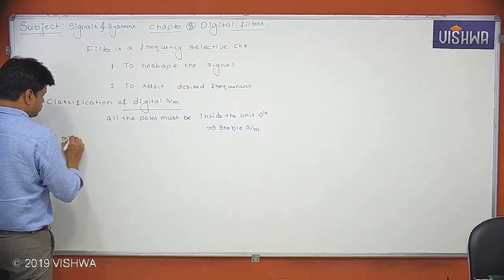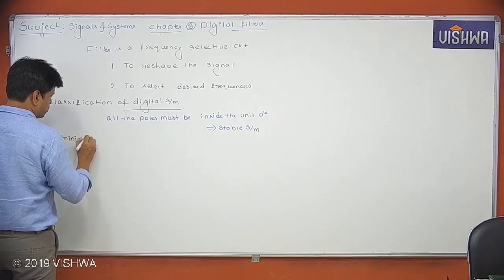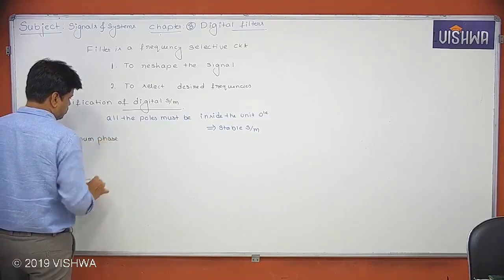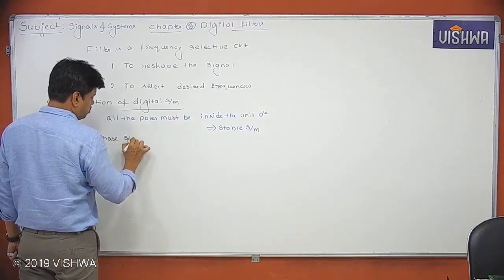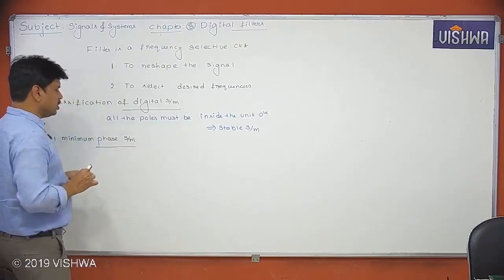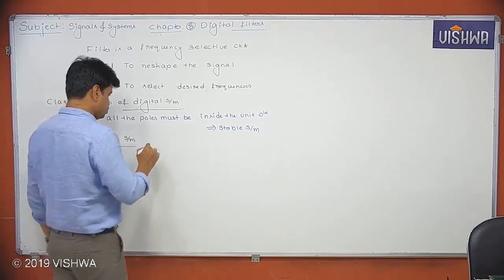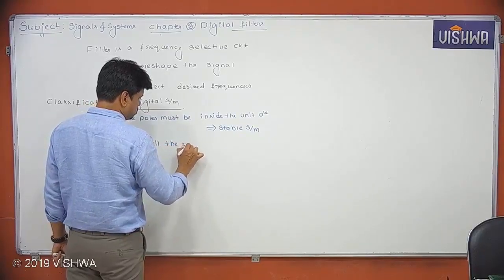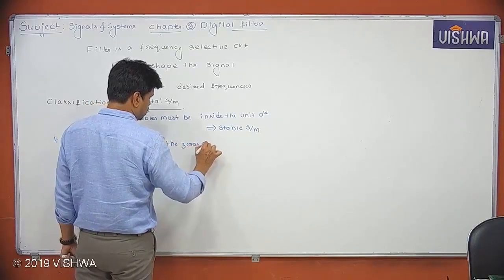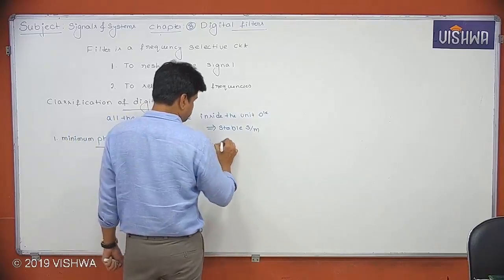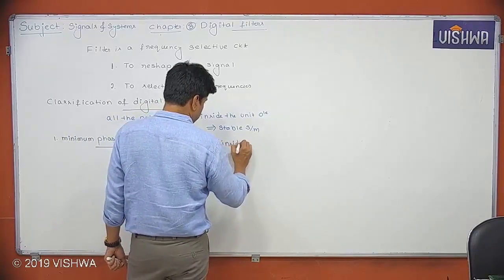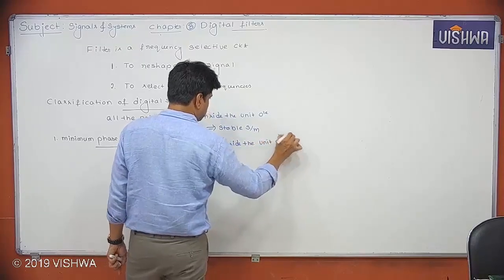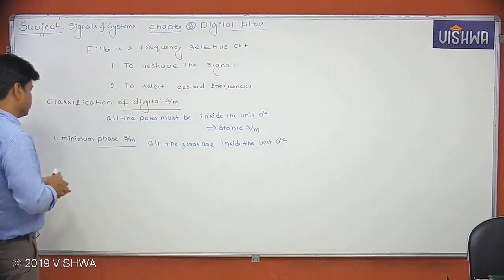Minimum phase system. In the minimum phase system, all the zeros are inside the unit circle. So for a minimum phase system, all zeros are inside the unit circle.